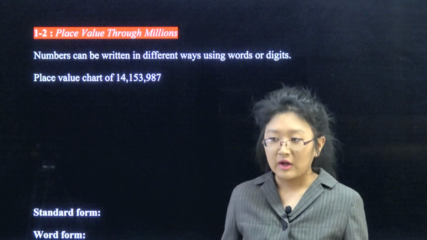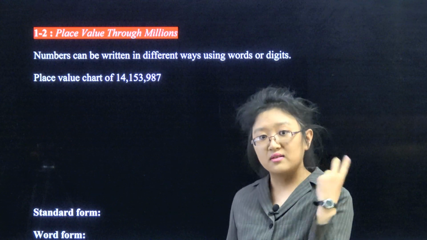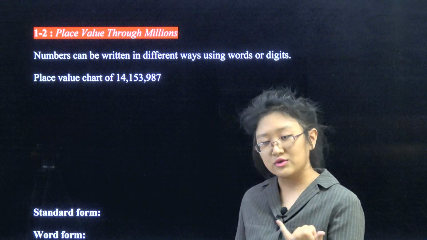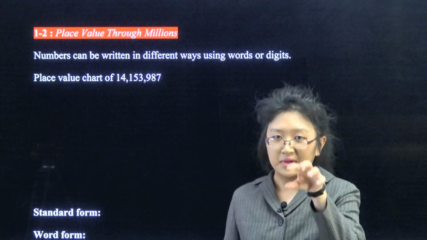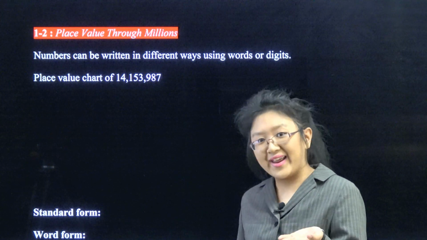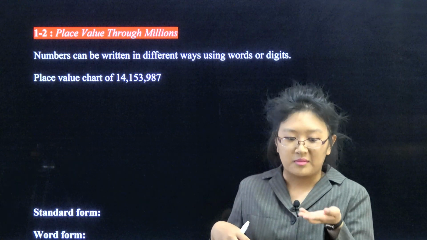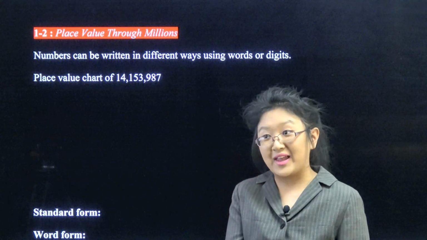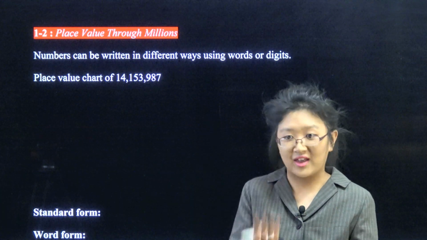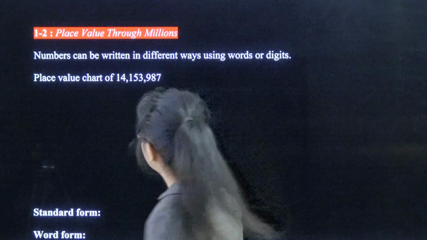In English, we have ones, tens, hundreds, thousands, 10,000s, 100,000s, millions, 10 millions, 100 millions, and so on. It just goes something, 10 something, 100 something. That's English. That's all there is to it.